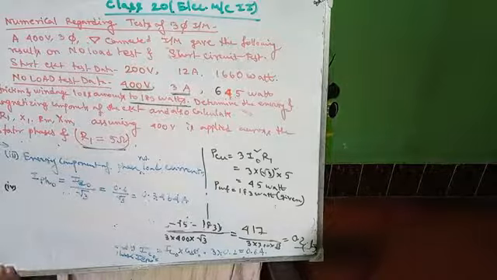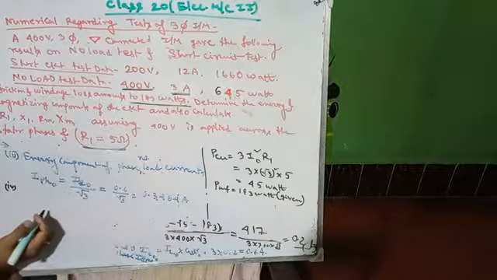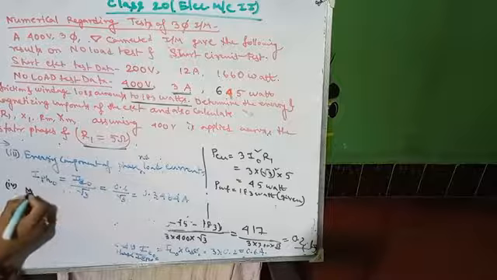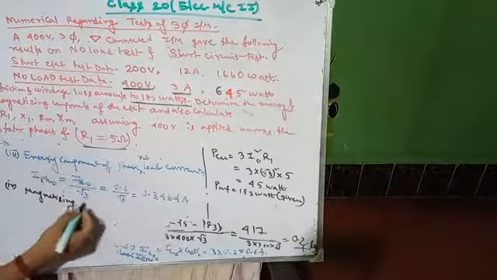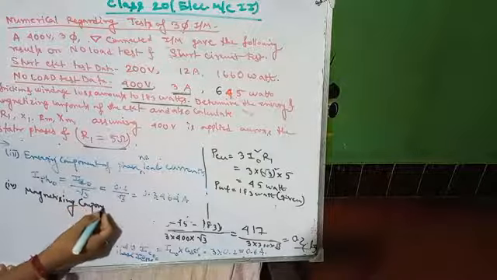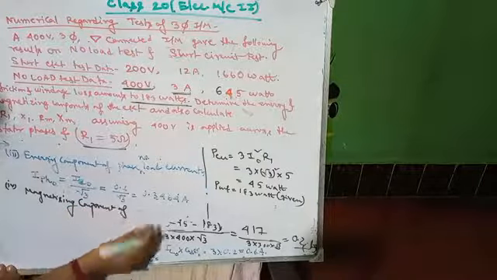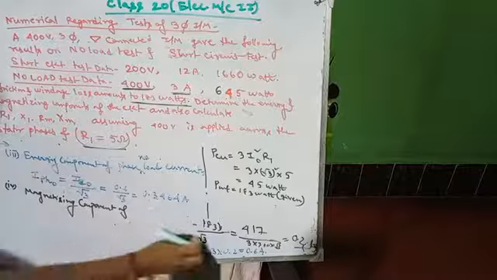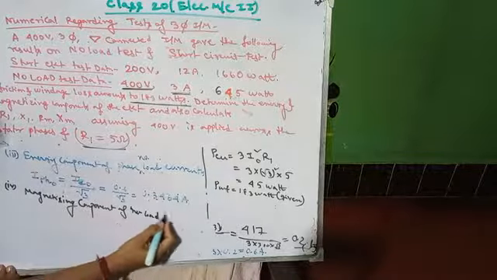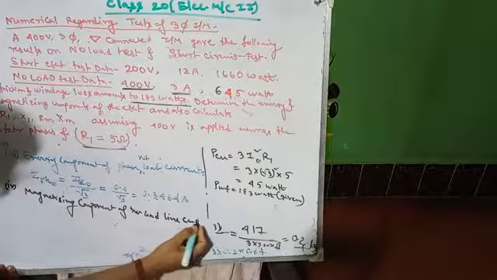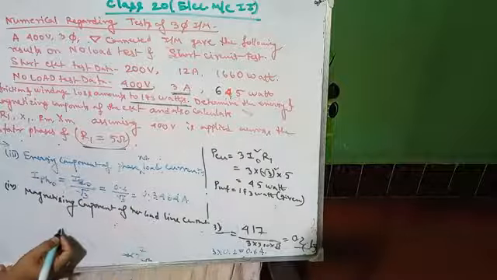Fourth one, that is the magnetizing component of no load line current. What will be the magnetizing component of no load line current?